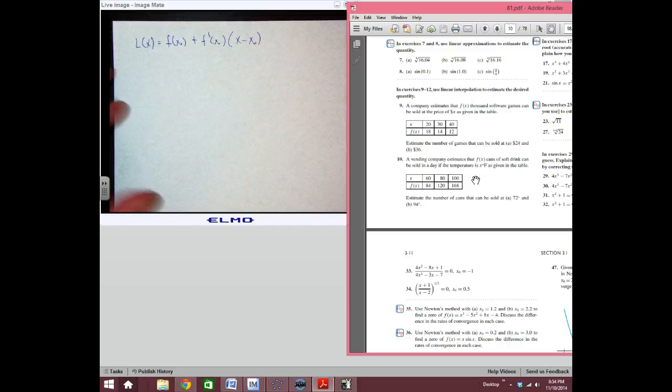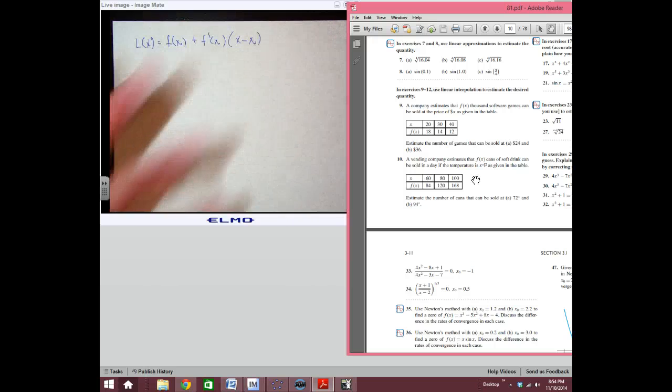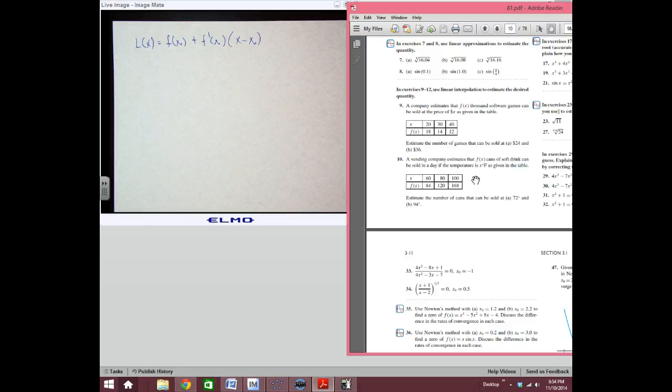Now, we have to approximate this, and I'm going to have to do even more because I can't find a derivative for the graph. But I can use a slope using 2 points here, and then use that to evaluate an approximation for 72 degrees.